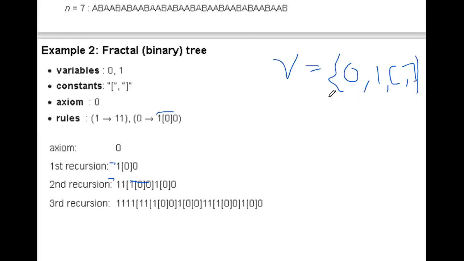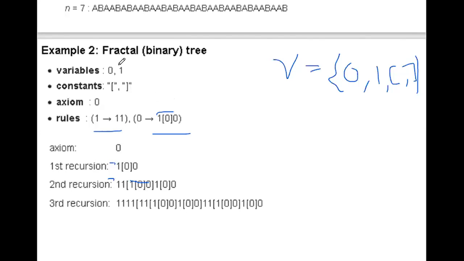The first two, 0 and 1, are called variables because there are rules for those symbols. The others are constants, so no rules are defined for them.